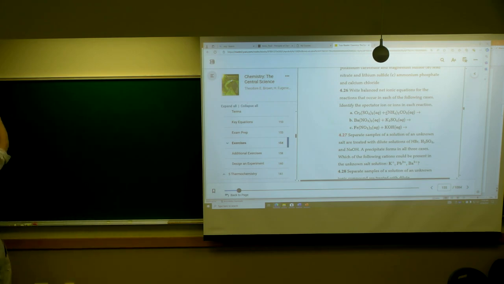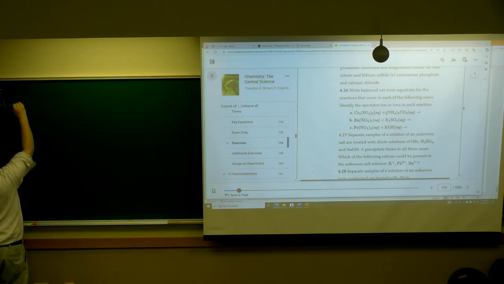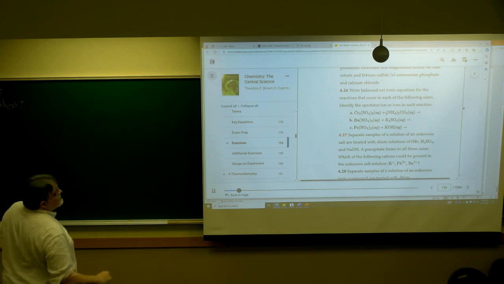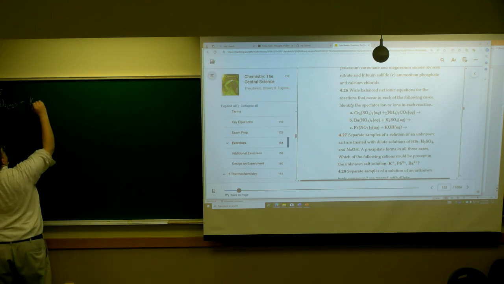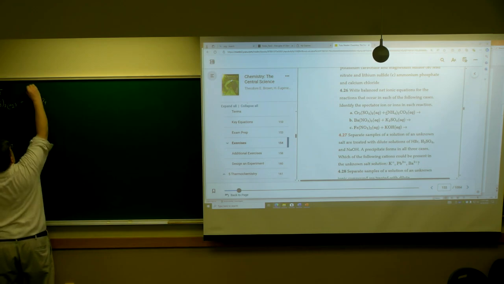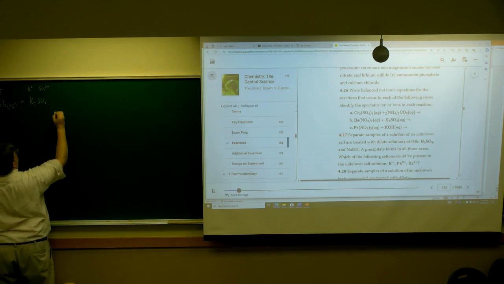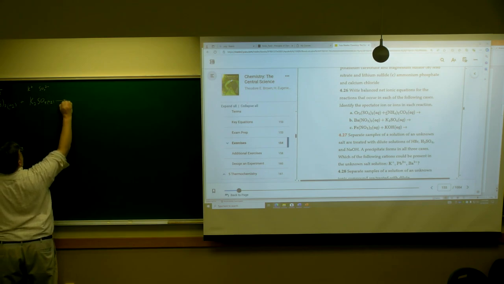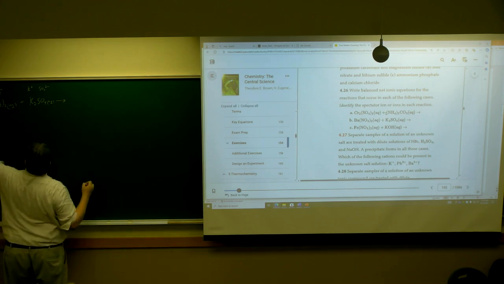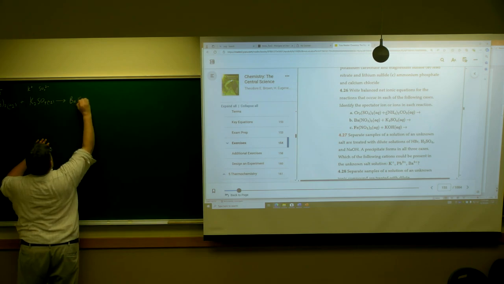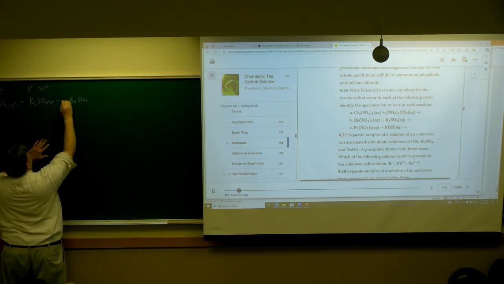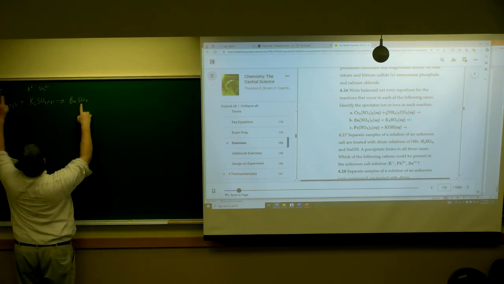BaNO3 minus. All right, so I'm taking the positive ion and the negative ion, and that's balanced as it is. 2 negative and 2 plus, so that's good.